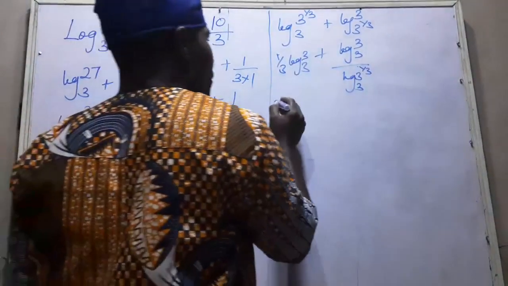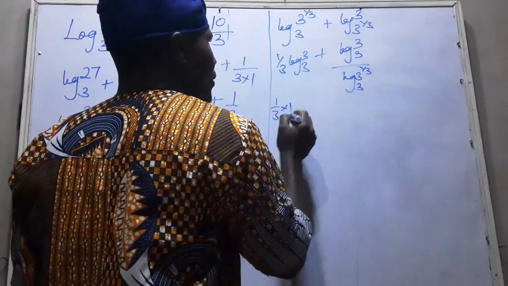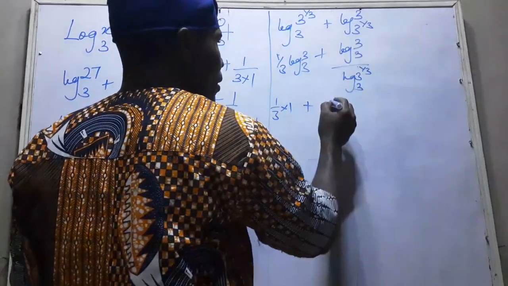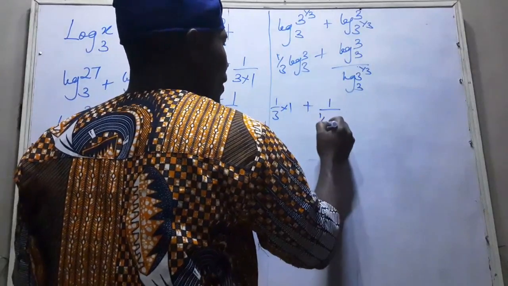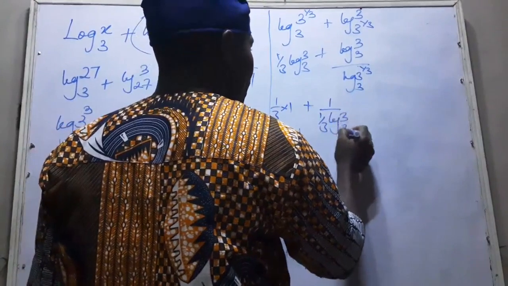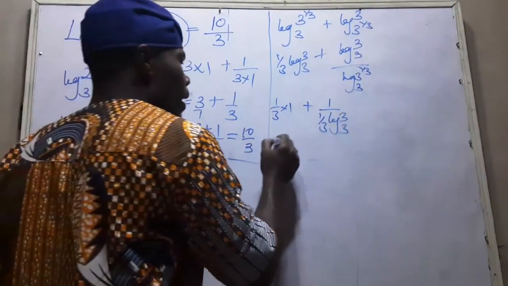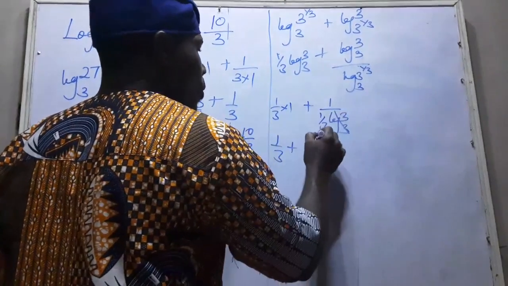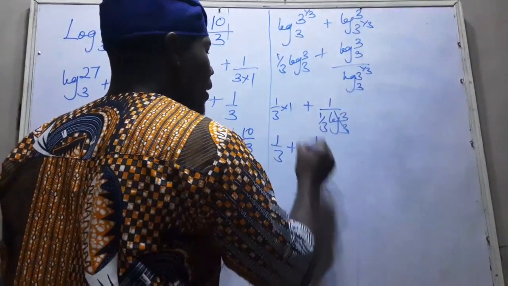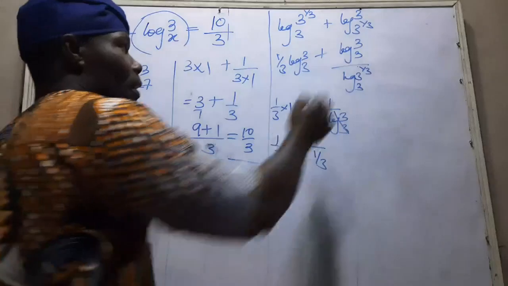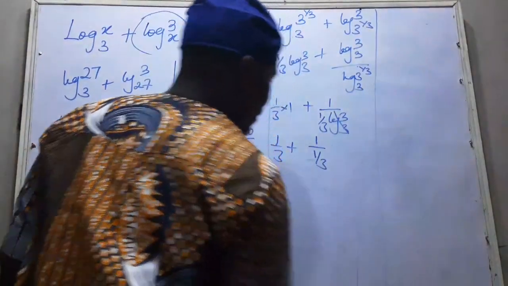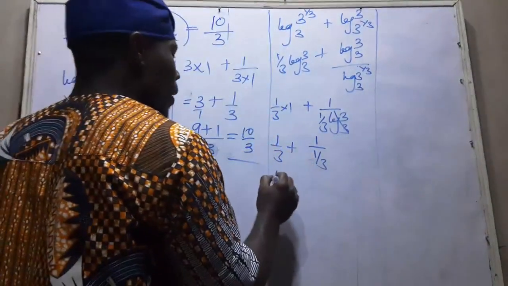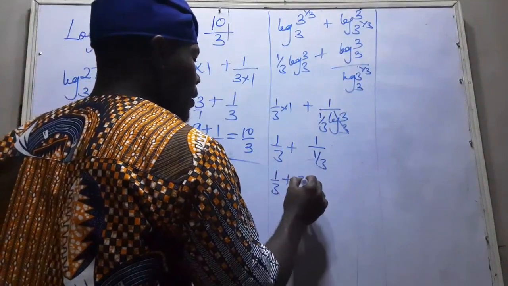So this will give you 1 over 3 times 1 plus, this is 1 over 1 over 3 log 3 base 3. So this will give you 1 over 3 plus 1 over 1 over 3. It means you have to reciprocate this, meaning that 1 over 3 plus 3 over 1.